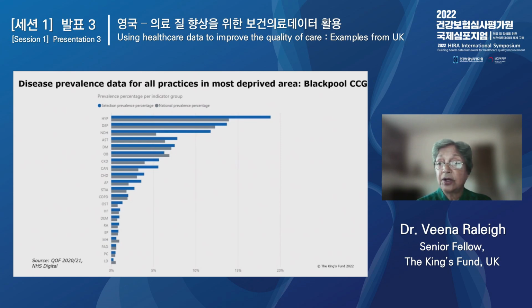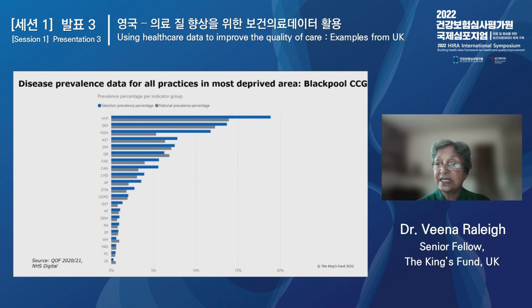And the gray bar shows what the national average disease prevalence is. And you can see, for example, that the first blue bar, which is hypertension, almost 20% of the population in Blackpool has hypertension. And that compares with about 14% nationally. Similarly, much higher rates of prevalence of disease for all the other conditions as well.